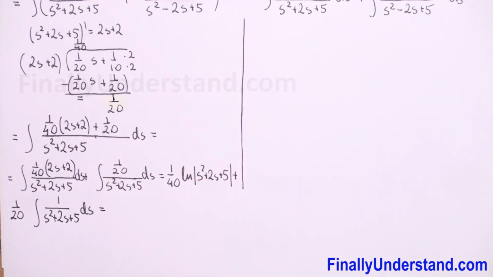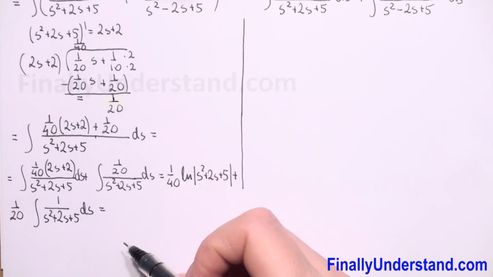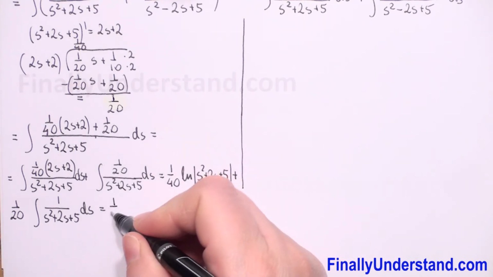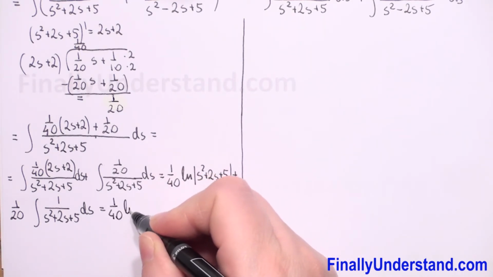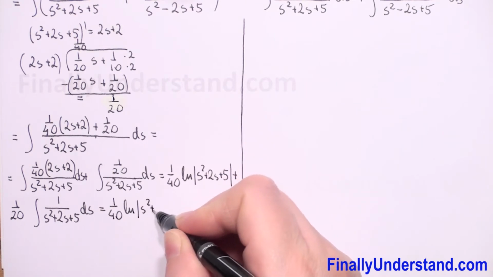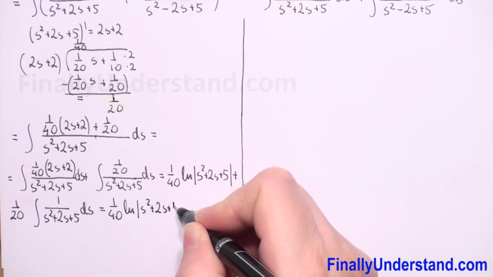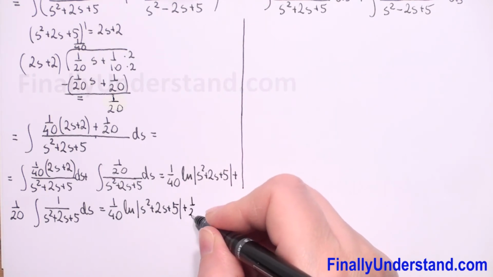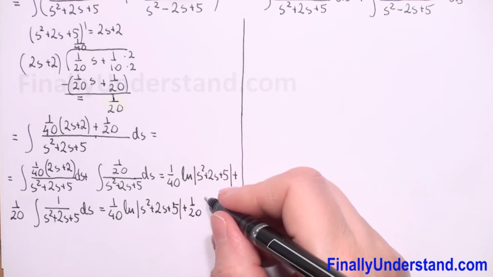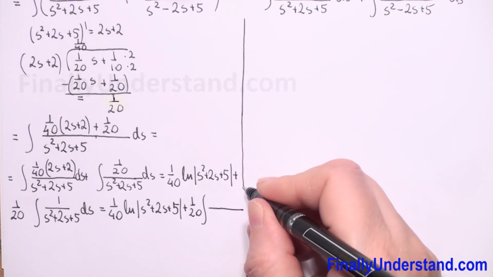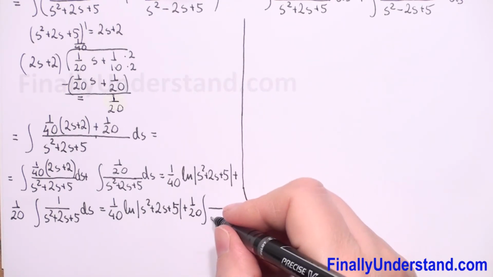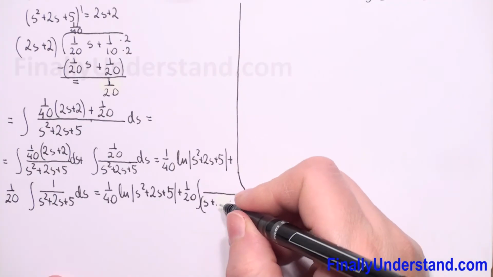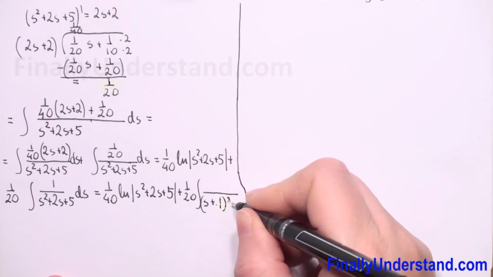This is equal to: first we have to copy the first expression, so we have 1 over 40 natural logarithm of s squared plus 2s plus 5, and we have plus 1 over 20, and we will rewrite our denominator. We will have (s plus 1) to second power plus 4.